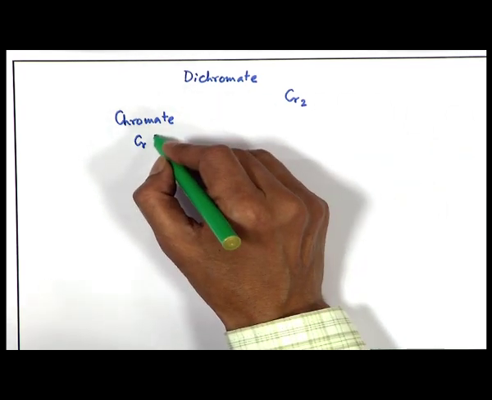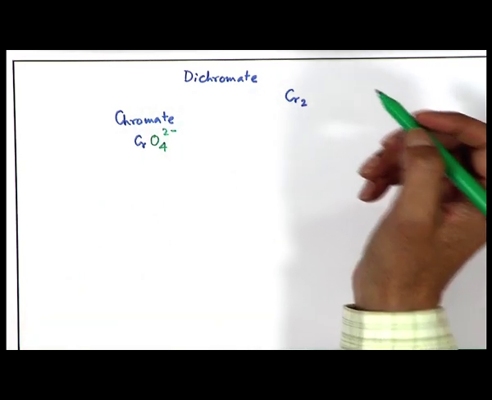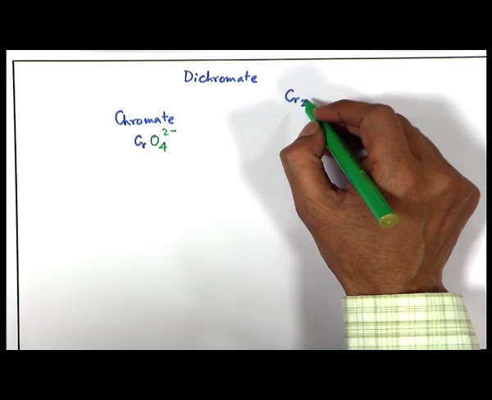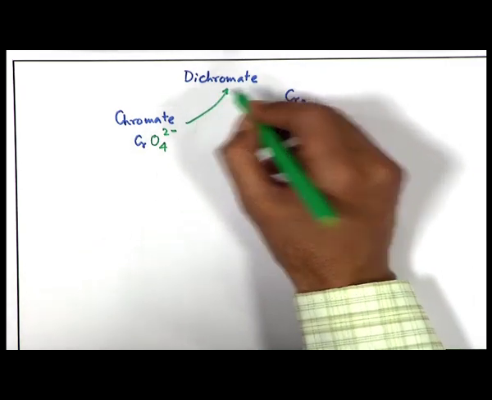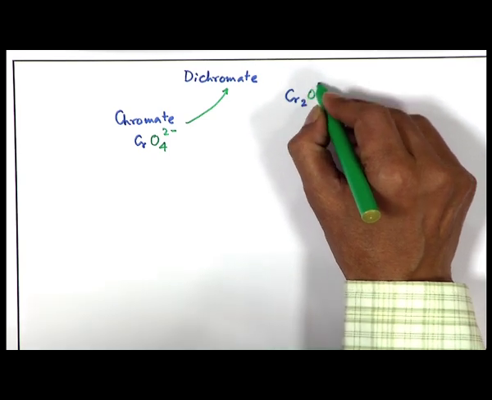So, all we know that CrO4 2 minus is the chromate ion, and chromate to dichromate we can move, to Cr2O7 2 minus.